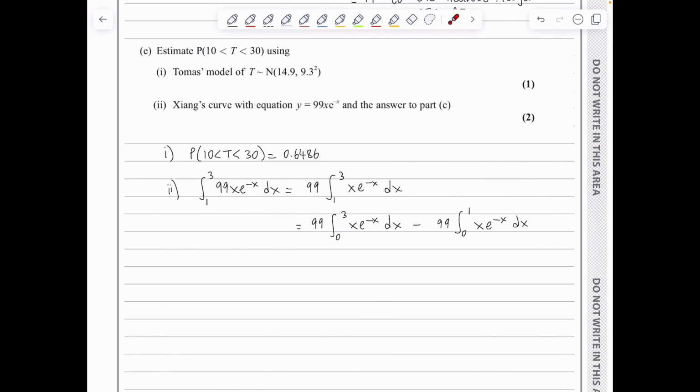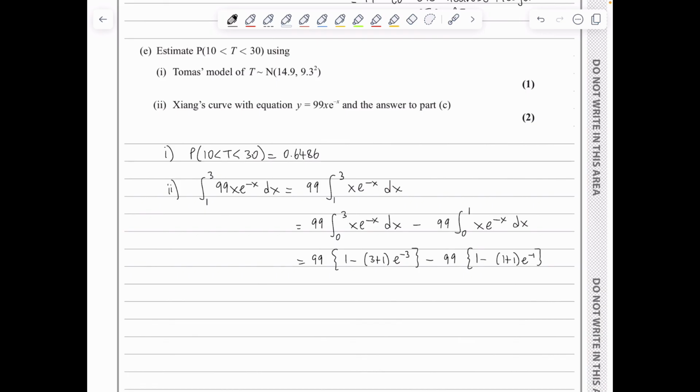So I'm just saying that the interval from 1 up to 3 is written as the interval from 0 to 3 minus the interval from 0 to 1, so that I can use the established result from part C. So this is 99, and we've got 1 minus 3 plus 1 e to the negative 3, minus 99, and we've got 1 minus 1 plus 1 e to the minus 1.